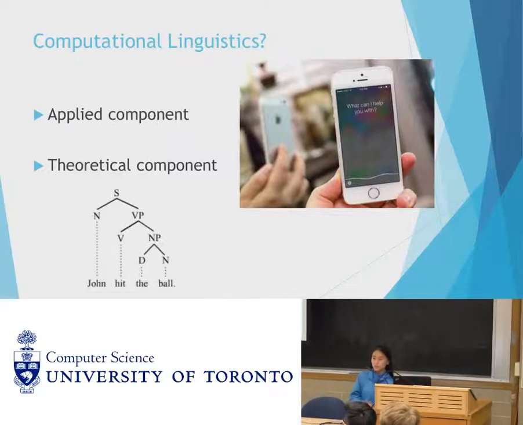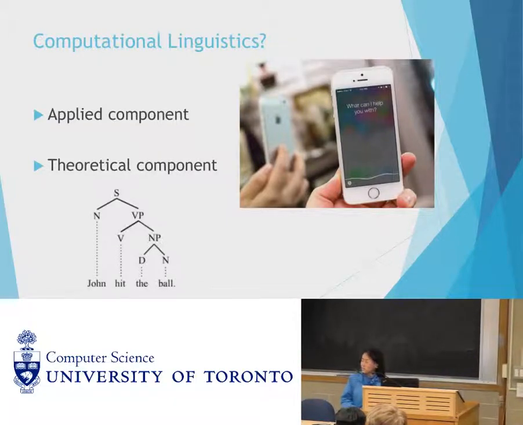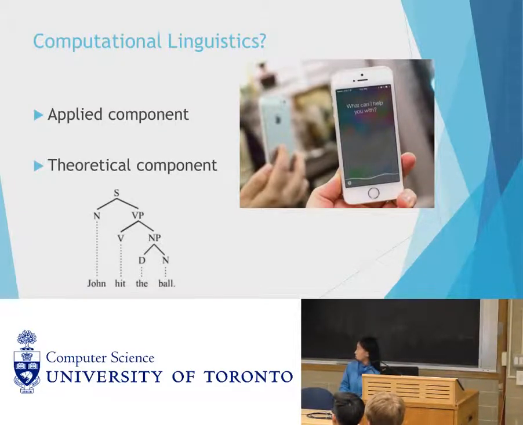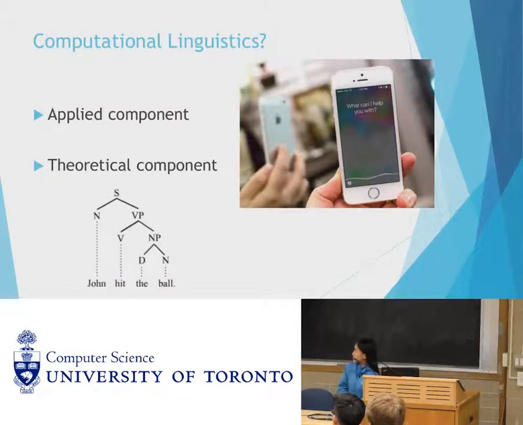And nowadays, more and more people are doing research on natural language processing using methods of machine learning. But computational linguistics also has its theoretical component, such as discrete mathematical models of sentence structures, which is very similar to automaton theory.